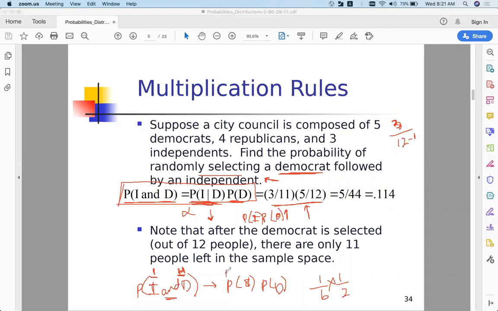So I can write it as P of 1 multiplied by P of H, which is 1 by 6 multiplied by 1 by 2. The answer is 1 by 12. Since this is the example of independence, the earlier one is just the conditional probability formula. Is it clear now?